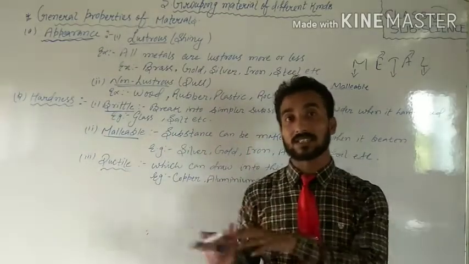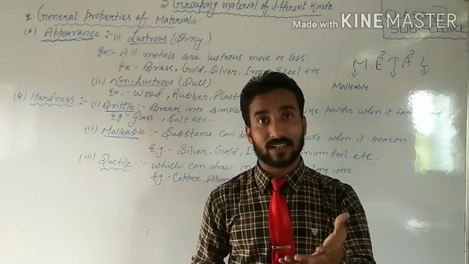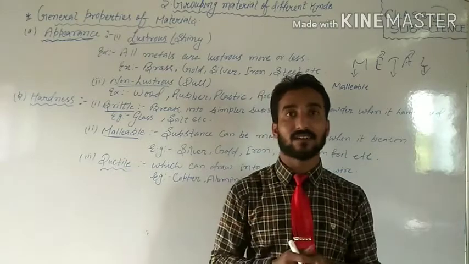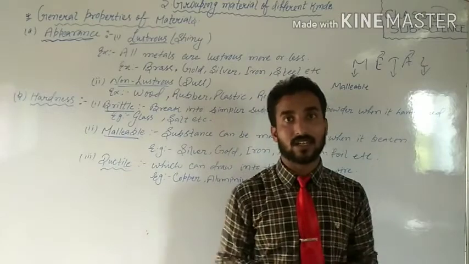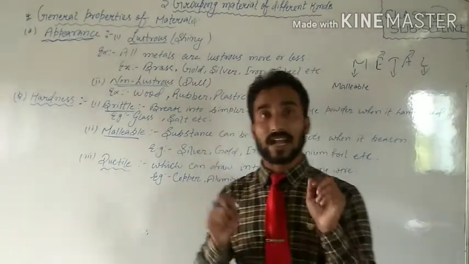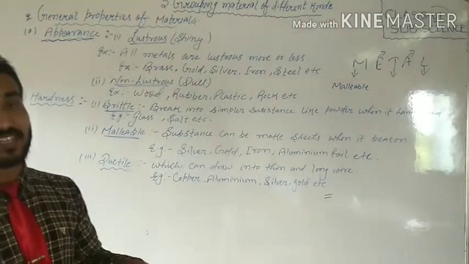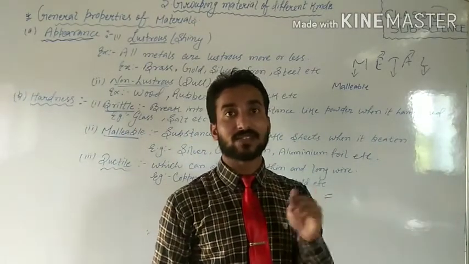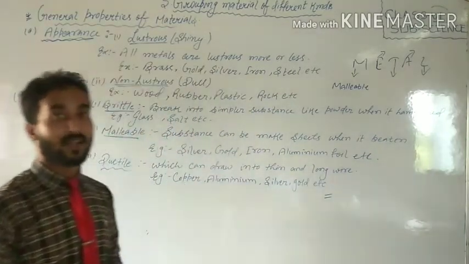It is such a type of substance which can be made into thin sheets, like the thin sheets of pages. You can make thin sheets by beating, by hammering. That is malleable. Objects which can be converted into thin sheets by beating are called malleable.